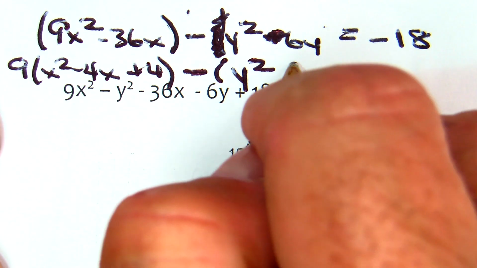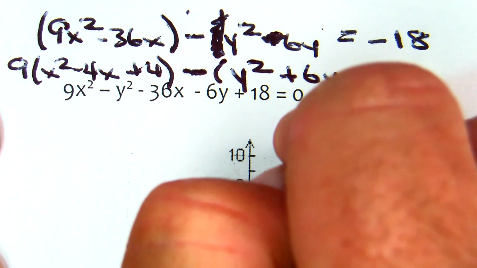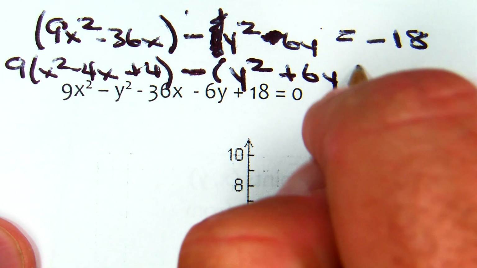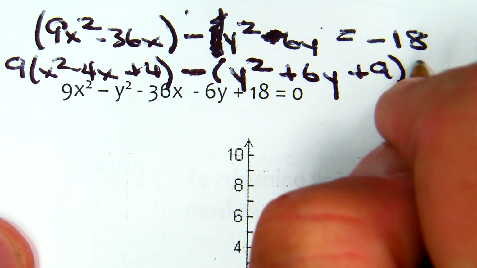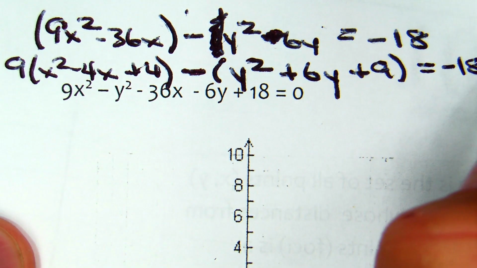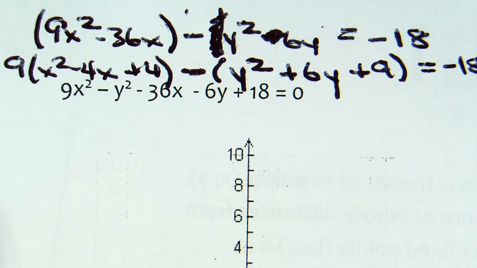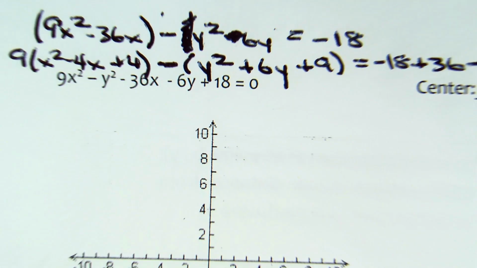That's going to turn my negative 6y into a plus 6y. What's half of 6? 3. 3 squared, 9. Equals negative 18 plus 36 minus 9.